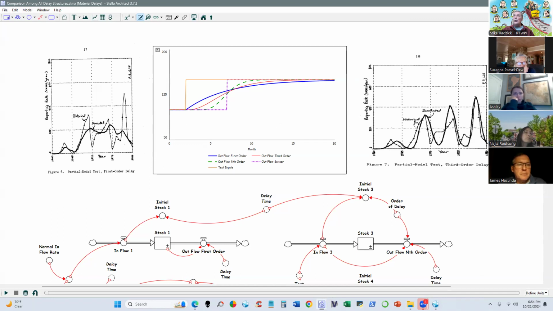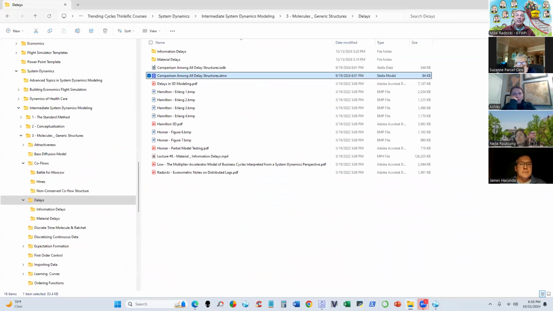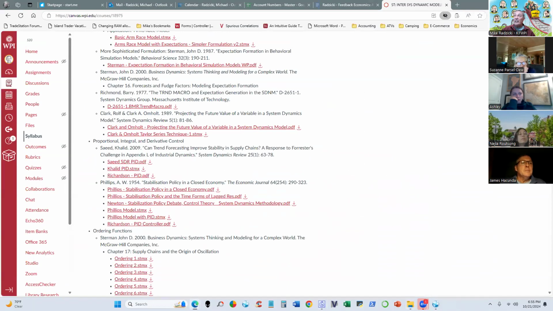What if I put in a third order delay? It fit the data much better. So sometimes when you're ordering stuff and it's not arriving immediately, there's a delay. You might need a higher order delay, right? So if you need a higher order delay, what do we do here?